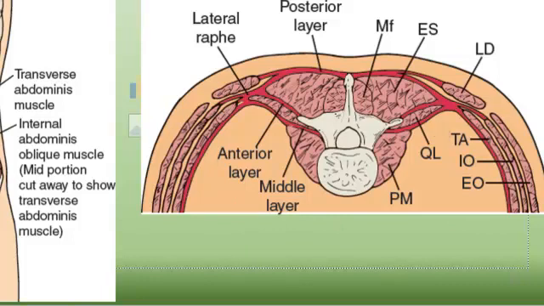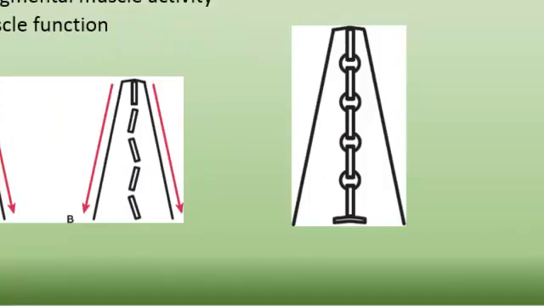Now what you may notice is some of these are quite far away from that spine, and some are really close to that spine, but all will help to protect your spine. The muscles that are further away are more for global stability, and the ones that are closer are more for segmental stability.